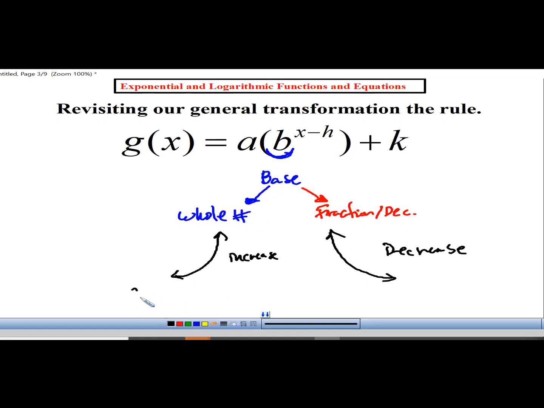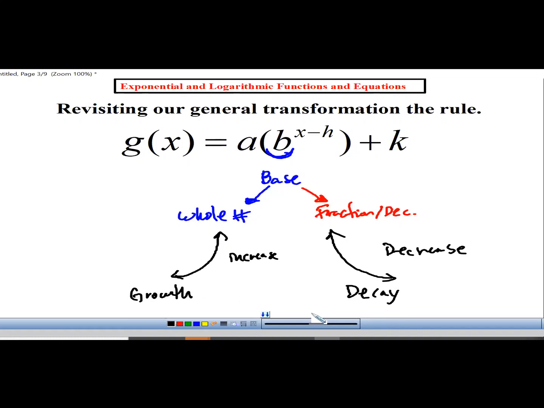This is a growth exponential function, and this is a decay exponential function. Growth and decay. So whenever you hear people talking about growth and decay functions, they're exponential functions where the base is whole when it grows and a fraction when it decays.